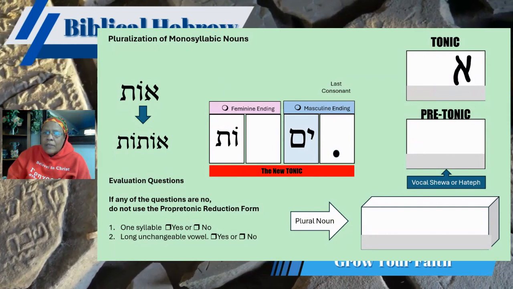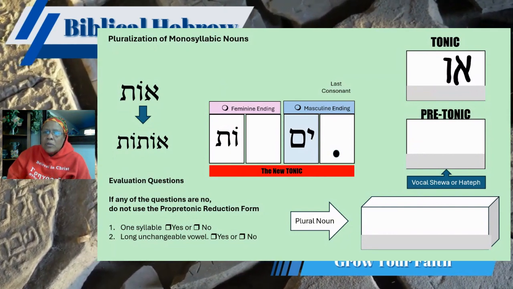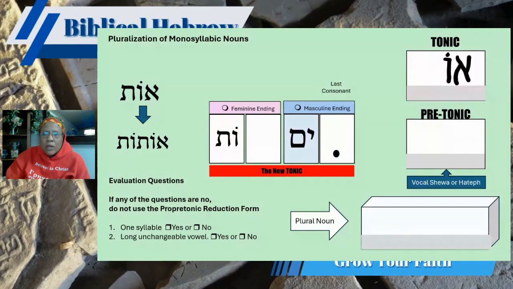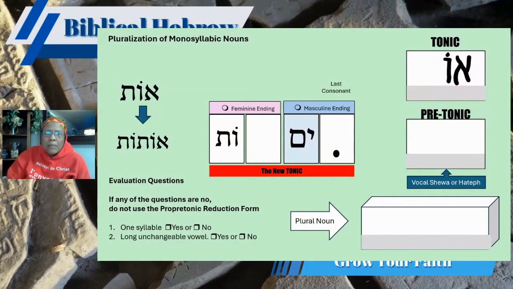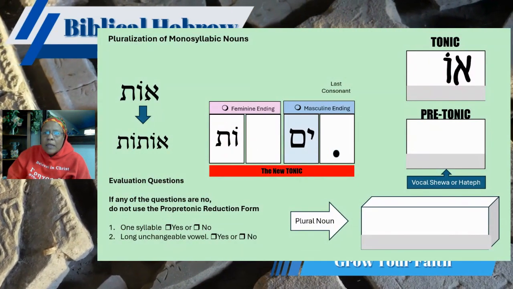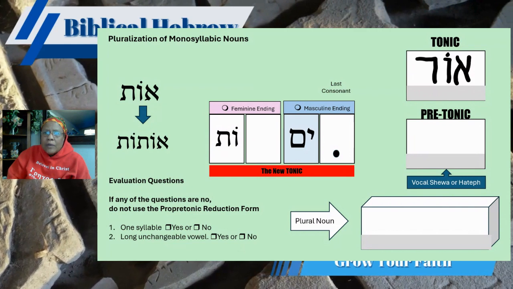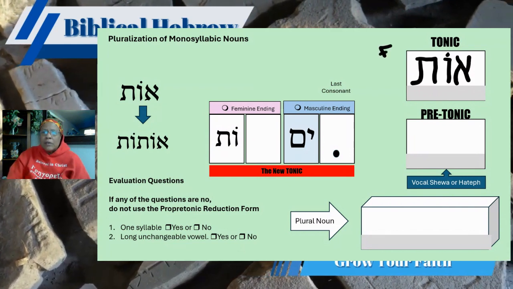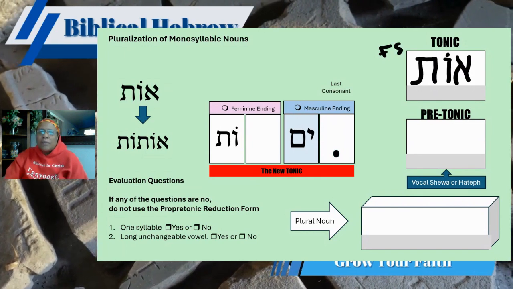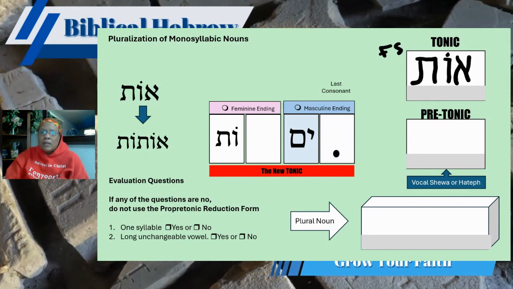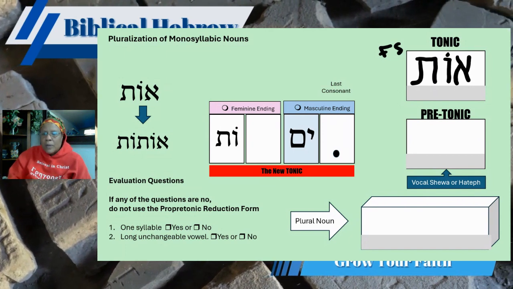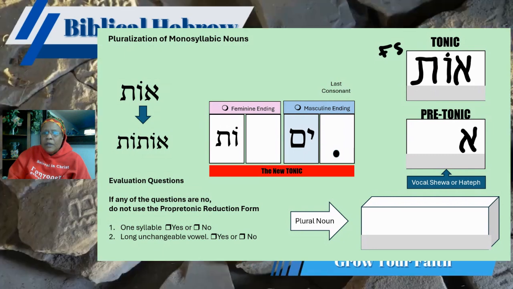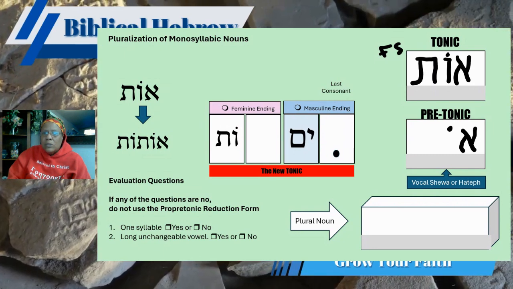We know that the aleph is a silent letter, so we're going to give it its vowel sound, the hataf vav. That's going to make the O sound, and then the final letter of this feminine singular will be tav.